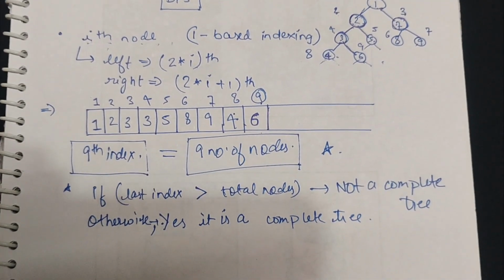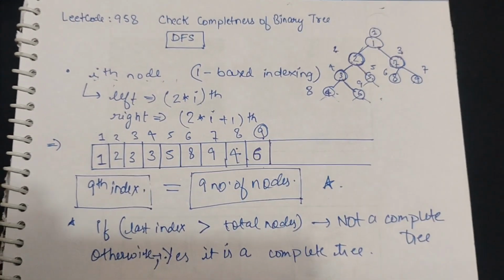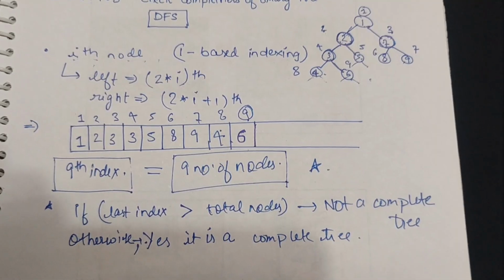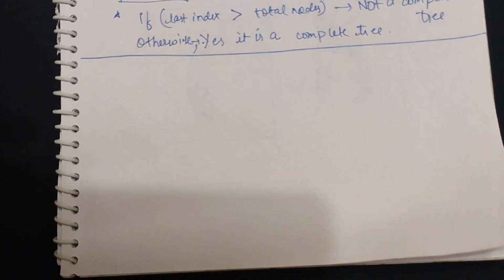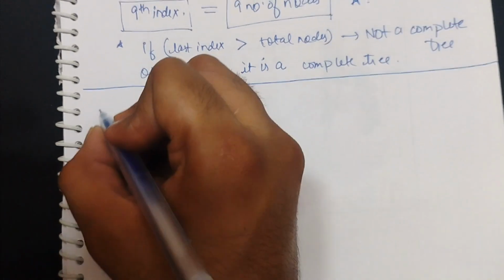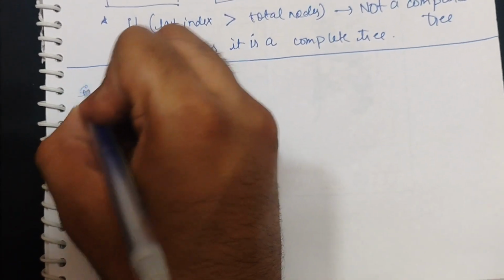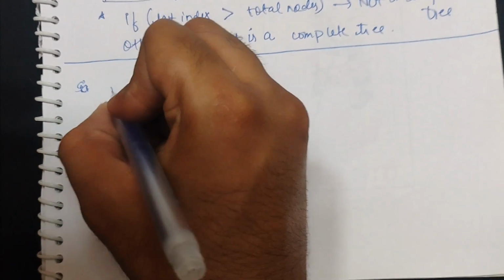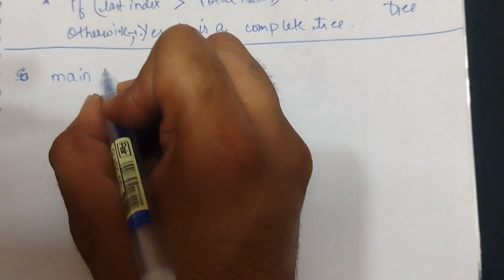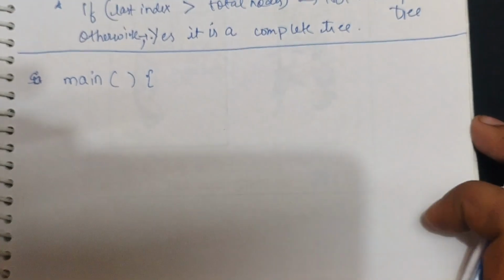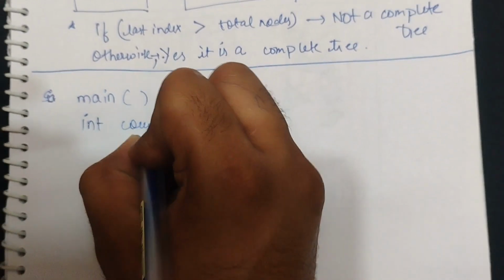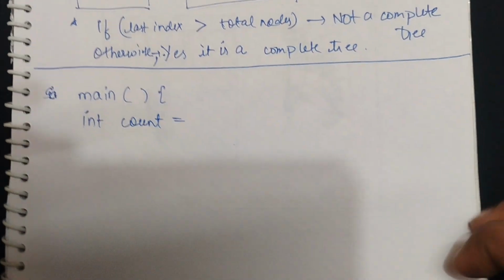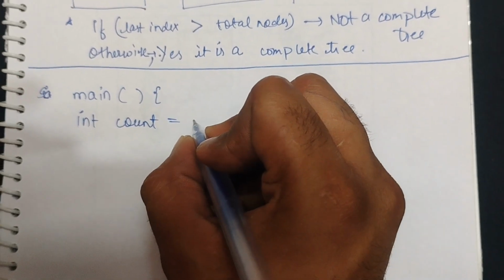Now I'll write the code of this problem in DFS, and then we'll do a dry run. Okay, so first I will write the main function. In the main function, first we will count the total number of nodes, right?